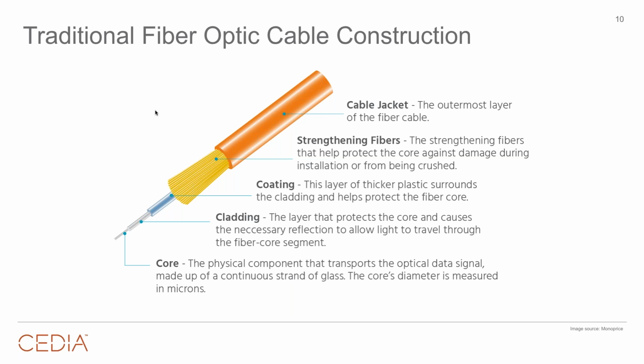It's when you strip back that cable jacket that you start to see some unique properties here. And the most visible part of the fiber cable is the strengthening fibers, also known as aramid yarn. Okay, this is what gives these cables all of its strength. Now, in the case of the fibers used by TechLogix and frankly a lot of the companies in the AV space, those strengthening fibers, that yarn, is actually made out of Kevlar.